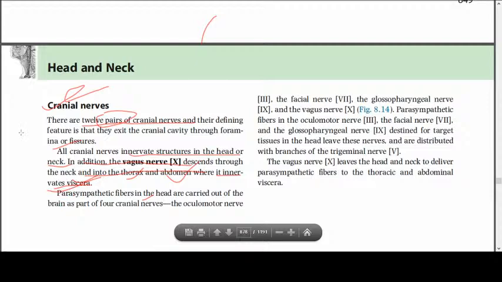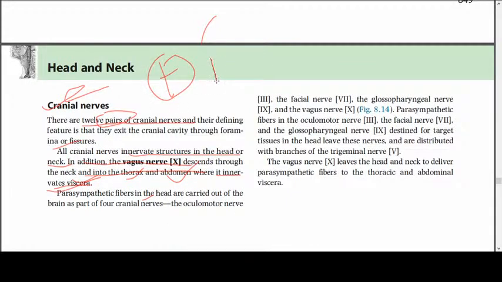Parasympathetic fibers in the head are carried out of the brain as a part of cranial nerves. There is sympathetic and parasympathetic. The sympathetic is meant for fear conditions, and parasympathetic is meant for relaxing conditions.